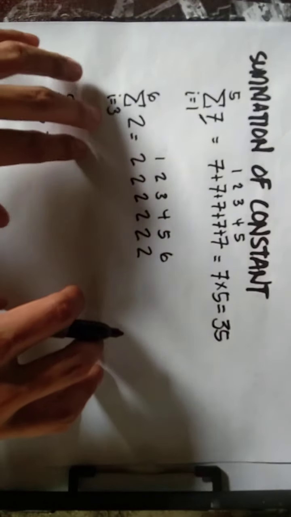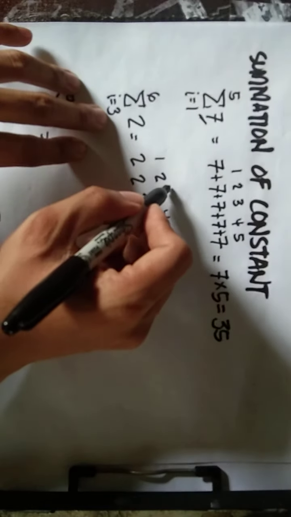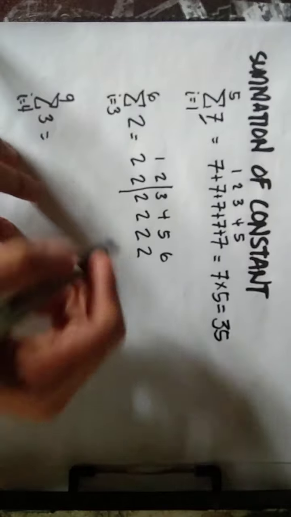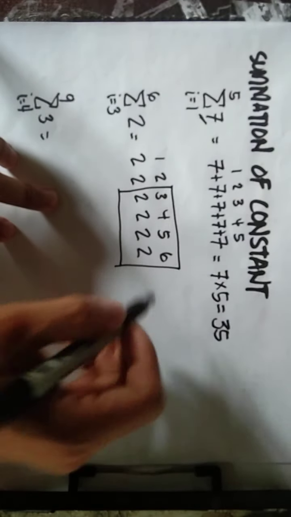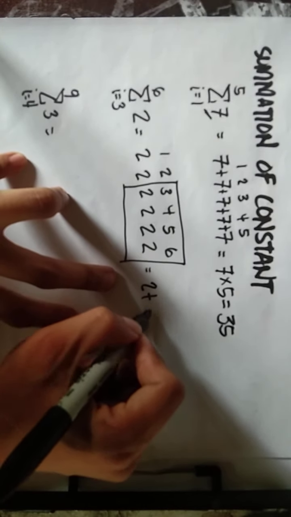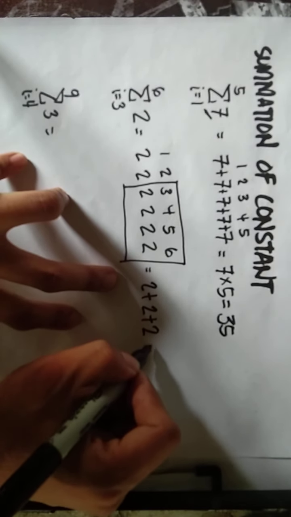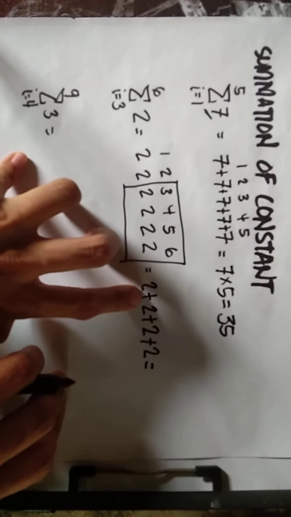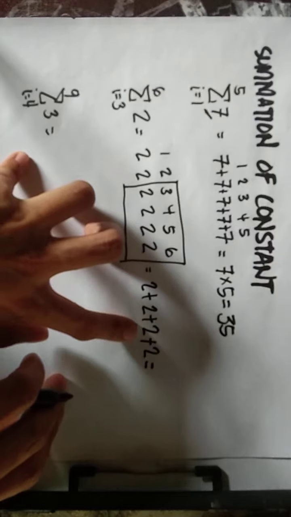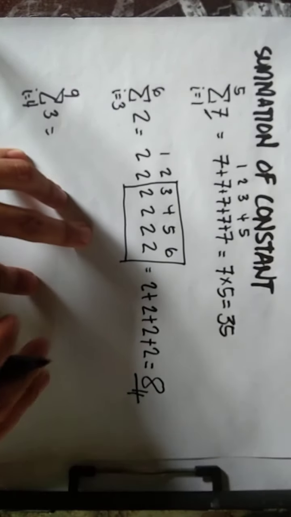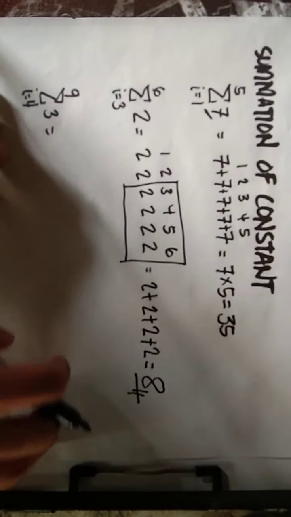So, since yung ating i ay nagmula sa 3, and then we end up to 6. So, ito lang yung ating ipag-add. So, we will have 2 plus 2 plus 2 plus 2. 2 plus 2 plus 2 plus 2 is equal to 8. And this is our final answer for number 2.